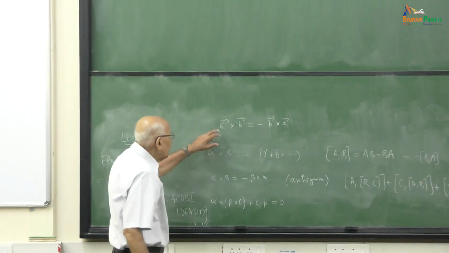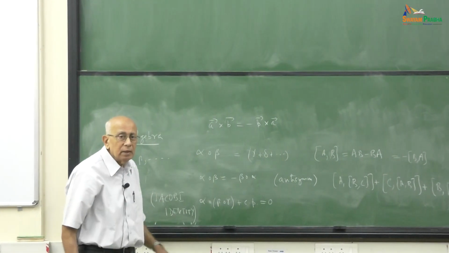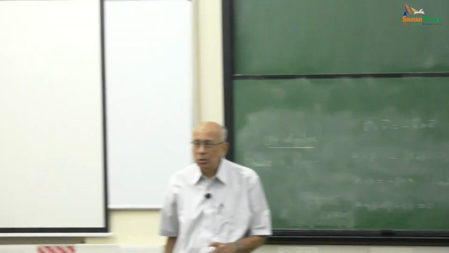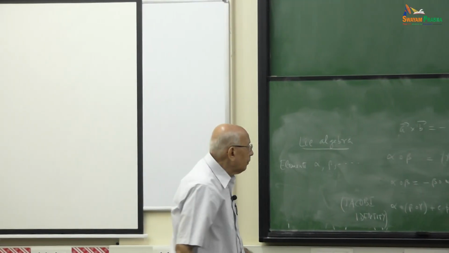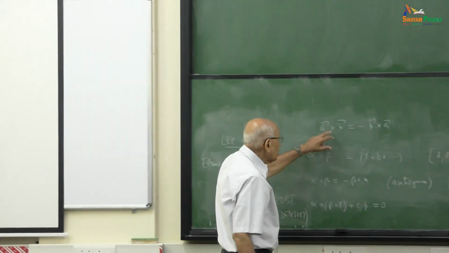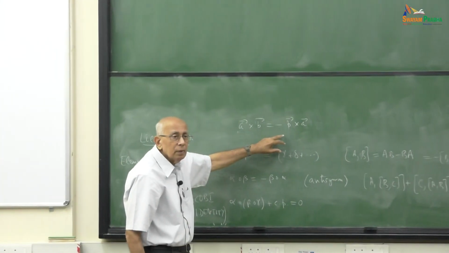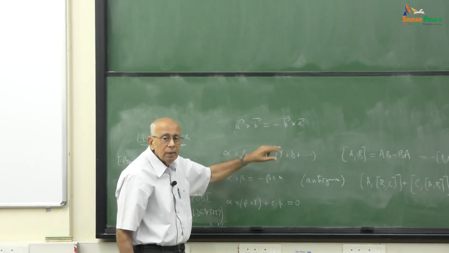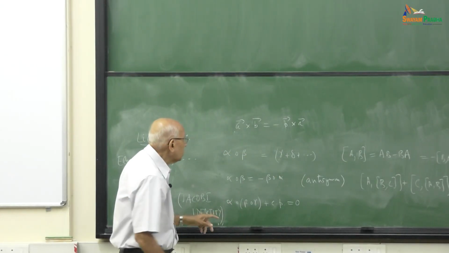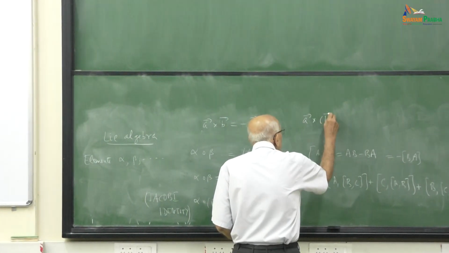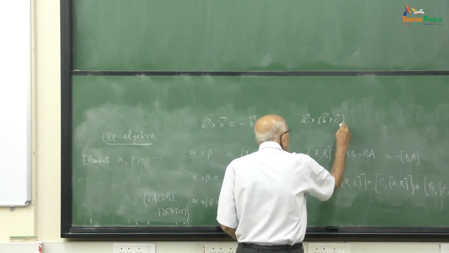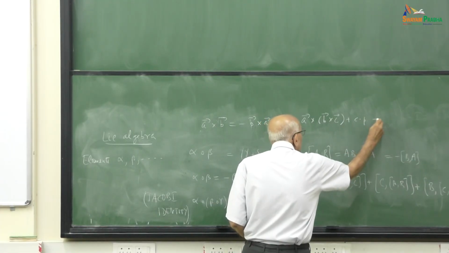First of all, if A and B are three-dimensional vectors, isn't A cross B a three-dimensional vector also? So it belongs to the same set. If I define the composition law to be the cross product, is this not true? Is this not true also: A cross B cross C plus cyclic permutations equal to 0?